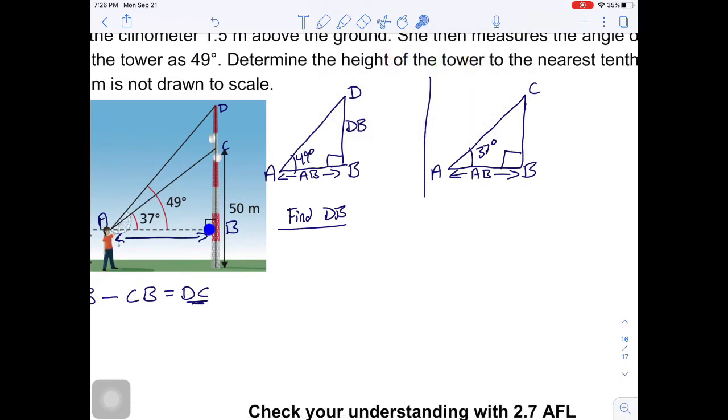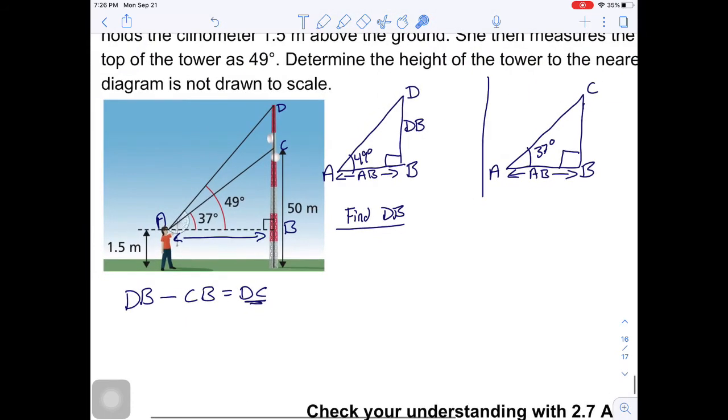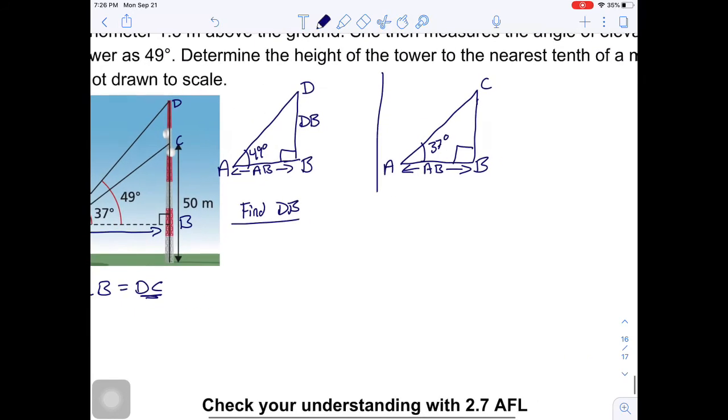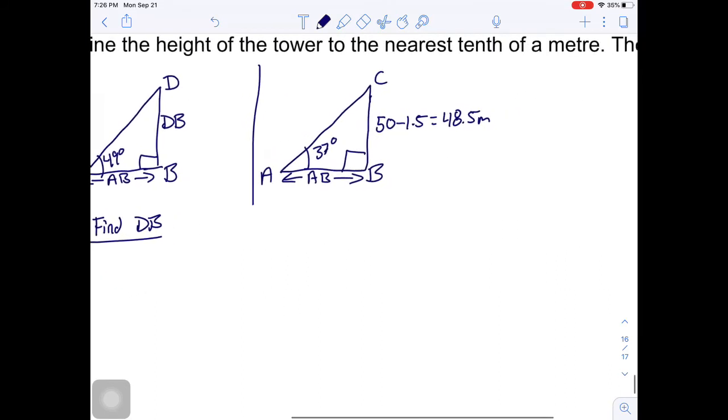C to B is going to be 50 minus 1.5, so that's going to give me 48.5 meters. And now hopefully you can see, I have an angle, I have a length, therefore I can solve for another length.